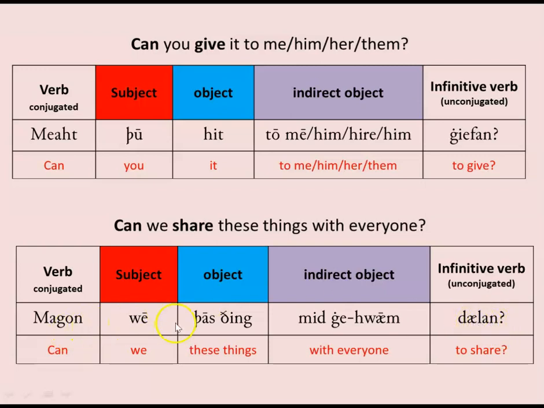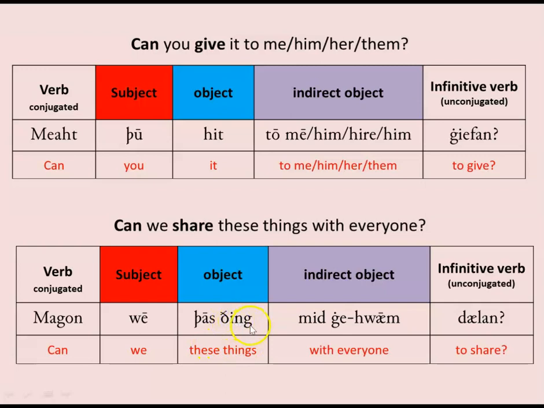Can we share these things with everyone? So can, for the plural here, present tense, is going to be machon with an O, not an A, machon, plural present tense. Can, and then the subject is we, so we, thas thing, these things.